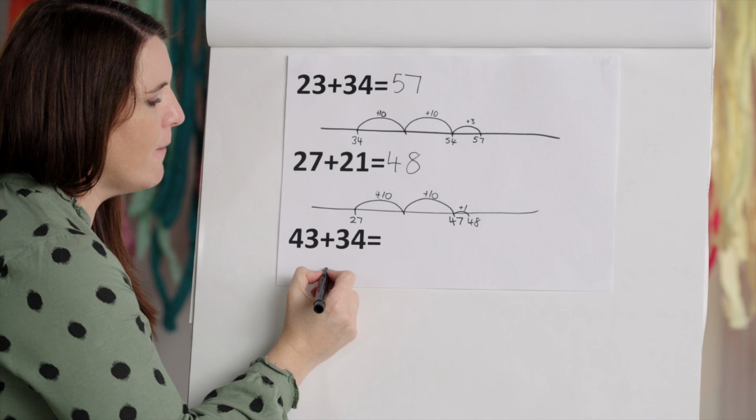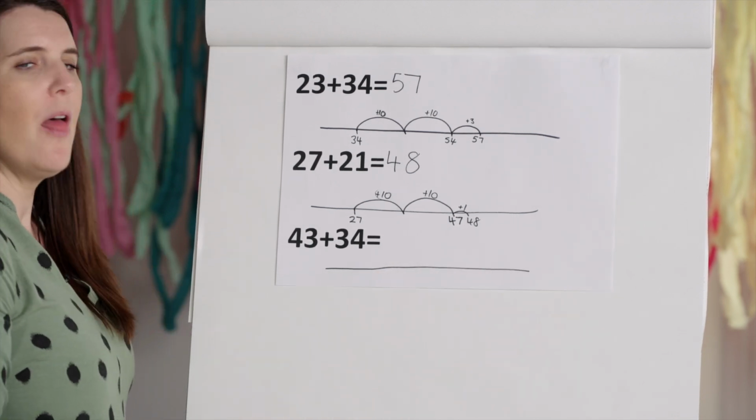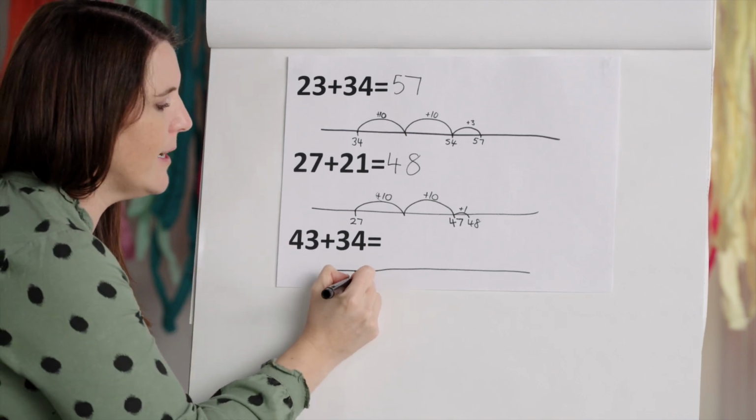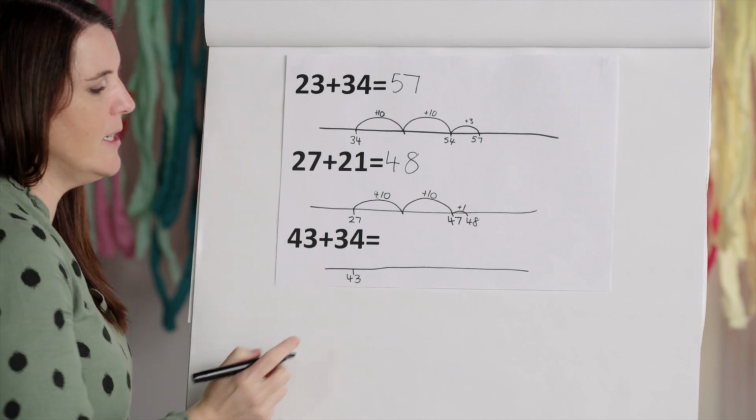Next one is 43 plus 34. The biggest number in this number sentence is 43, so I'm going to start there and then I'm going to add 34.